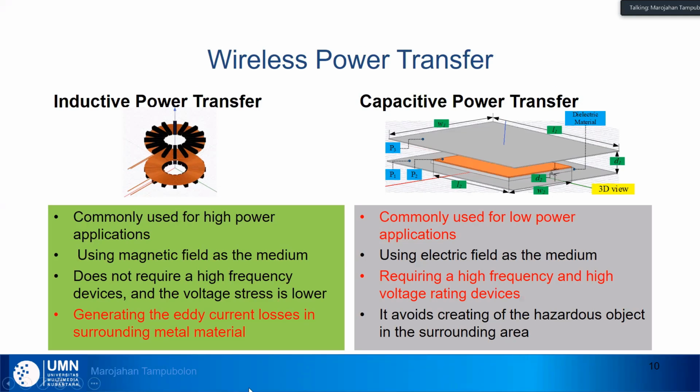So that's the downside of capacitive power transfer. But the good thing is it avoids creating hazardous objects in the surrounding area. But of course, this is only one side or some sides of this technology. There are more things to consider if you want to use the technology.